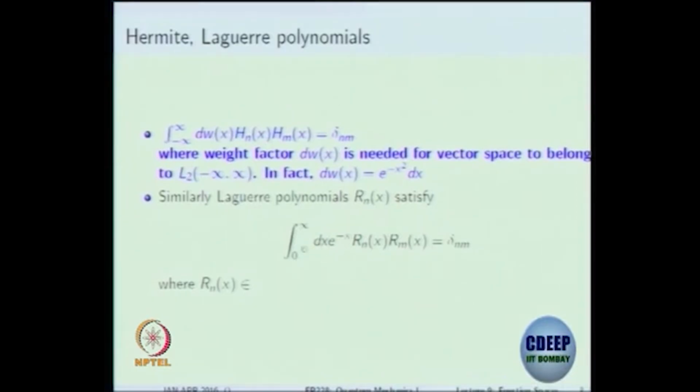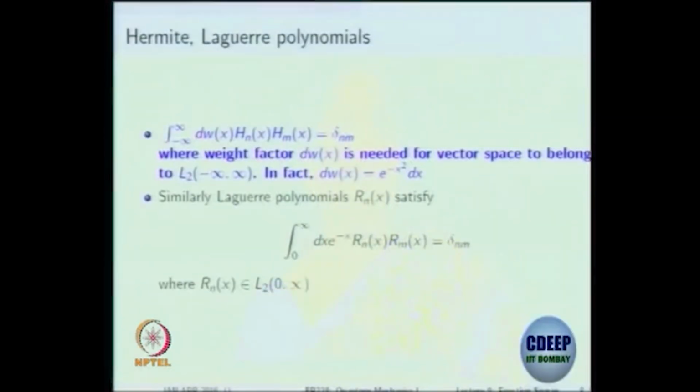You can put this weight factor as e to the minus x dx. So what will you say Rn belongs to? L2 of 0 to infinity. I am just giving you some flavor of the familiar polynomials, which all belong to the square integrable functions.